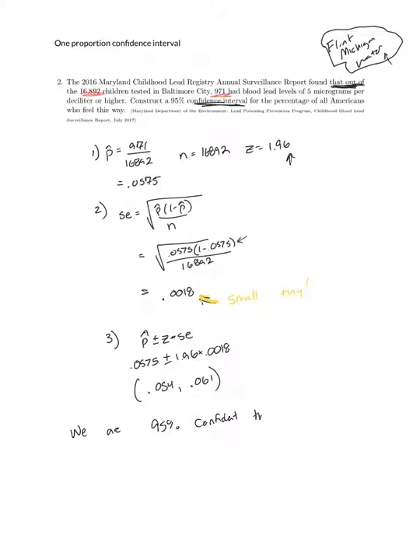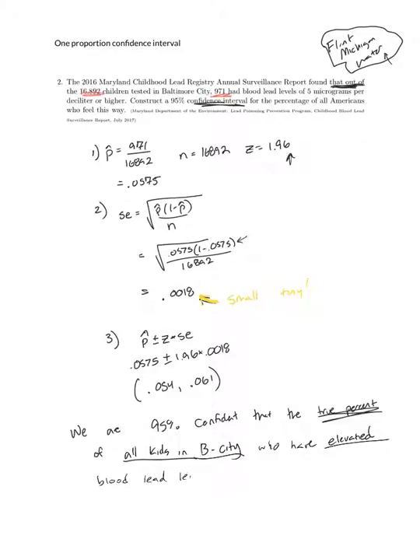We are 95% confident that the true percent, I say this because I'm dealing with percentages, of all kids in Baltimore City who have elevated blood lead levels is between 5.4% and 6.1%.